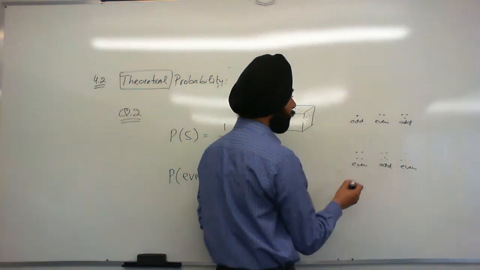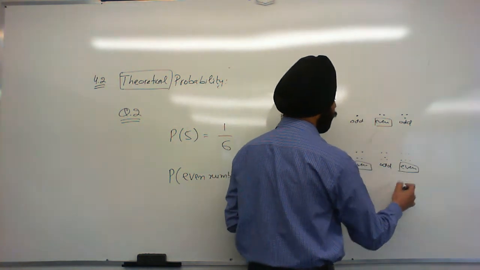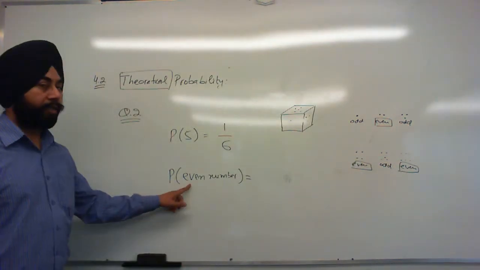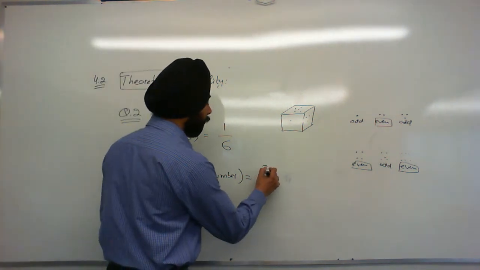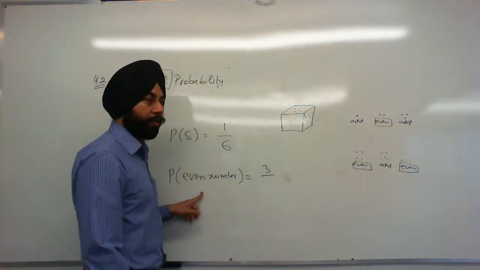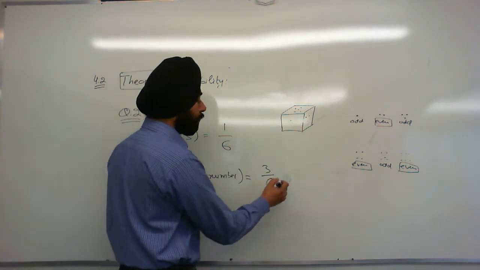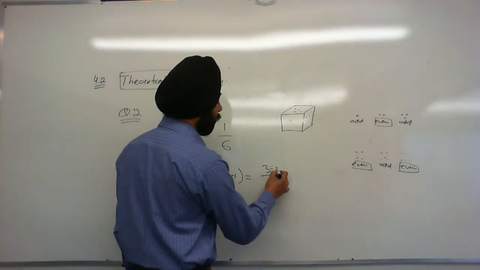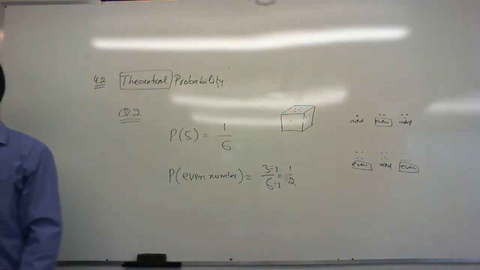How many even faces are there? 1, 2, and 3. You got 3 faces with even numbers and 6 faces in total. 3 out of 6 is the same as, if you divide both of them by 3, 1 out of 2. 50% chances.